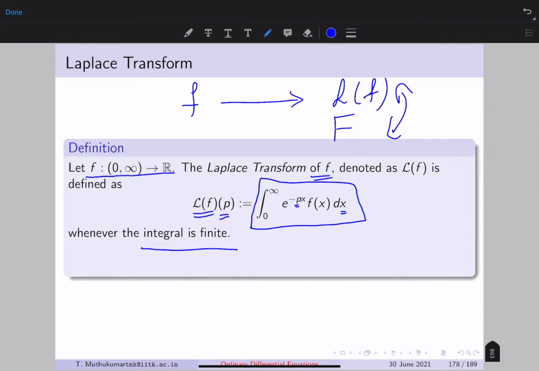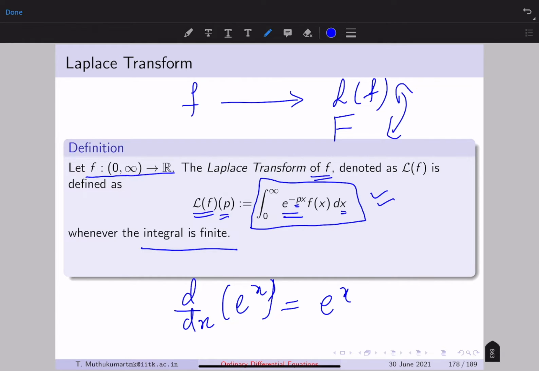Now, what is the motivation for this definition? The natural thing is that the exponential is a good choice because exponential is one such function which remains invariant under derivative. You know that d by dx of e power x is e power x.